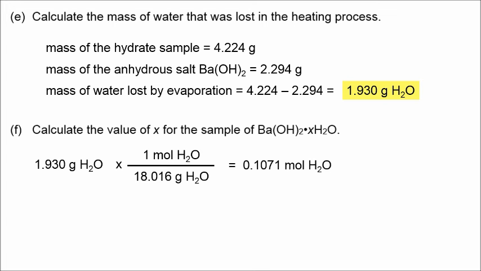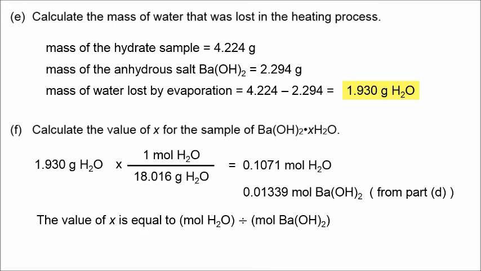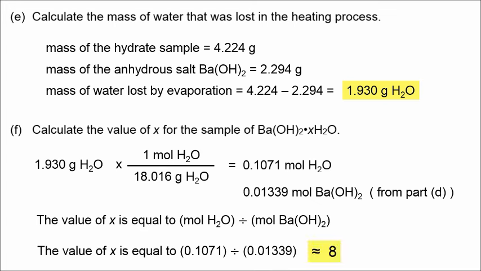Remember that the moles of the anhydrous salt from part D is 0.01339. Let's calculate this mole ratio because the value of X is equal to the ratio of moles of water divided by moles of the anhydrous salt. And that's going to give us 8, which means that the original hydrate had an 8 in its formula. It would have been called barium hydroxide octahydrate.